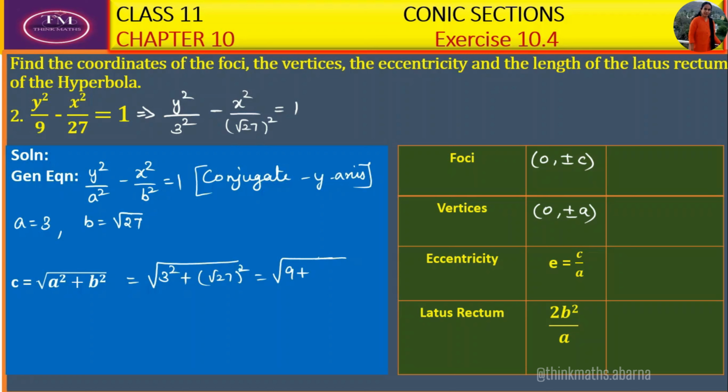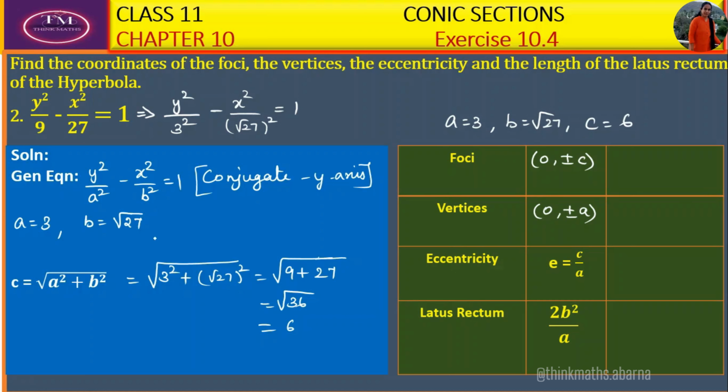The root and power 2 get cancelled because they are reciprocal to each other. So it is 27. So 9 plus 27 is 36. So square root of 36 is nothing but 6. So we found a equal to 3, b equal to root 27 and c equal to 6.